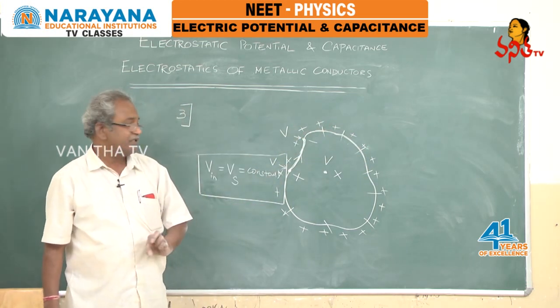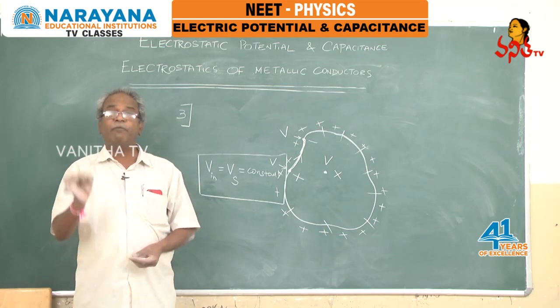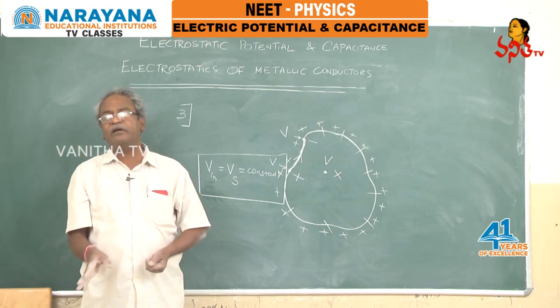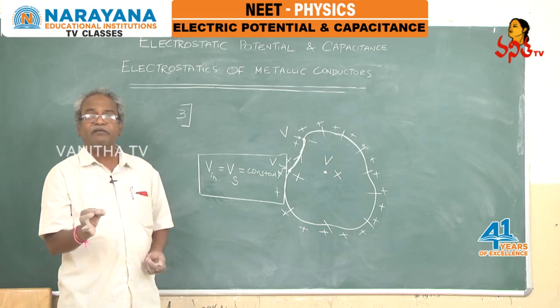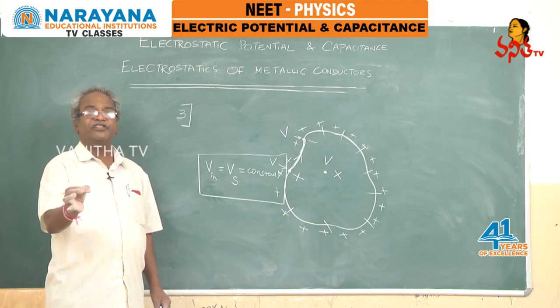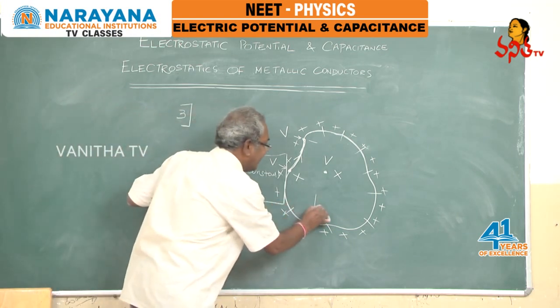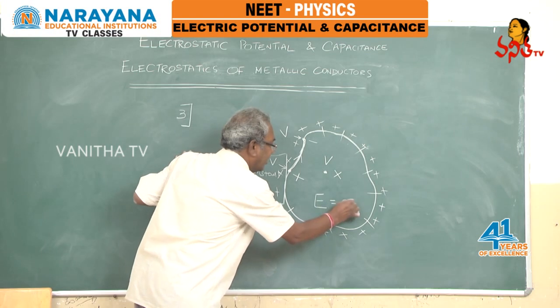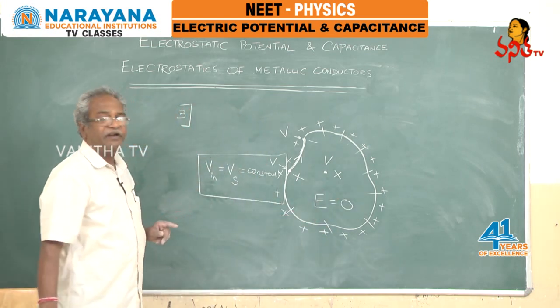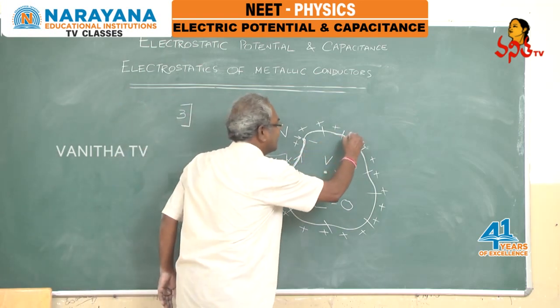Next, from the concept of equipotential surfaces, one point we understood very clearly is that electric intensity will always be perpendicular to the equipotential surface. Therefore, E equal to 0 everywhere inside, that is okay. But what about electric intensity at every point outside? Now, this is an equipotential surface.